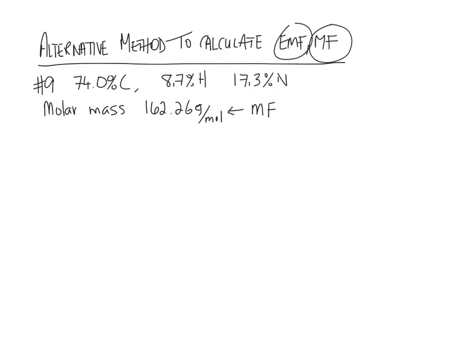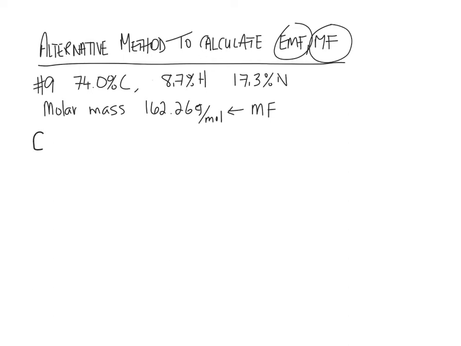So this method to calculate actually works backwards, and we figure out the ratio of atoms in our molecular formula, and then we reduce it to empirical formula. So first of all, what we have to do is figure out the amount of carbon in our compound, amount of hydrogen in our compound, and then for nitrogen.